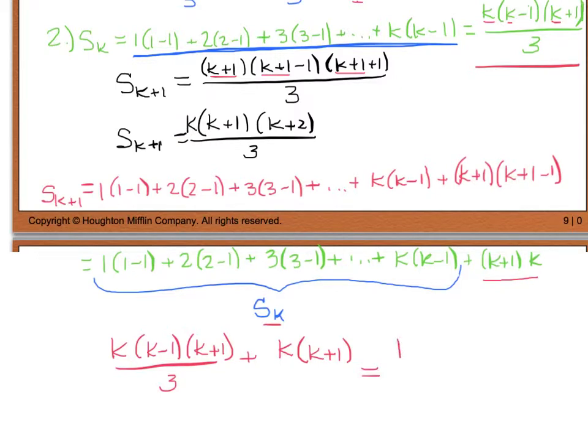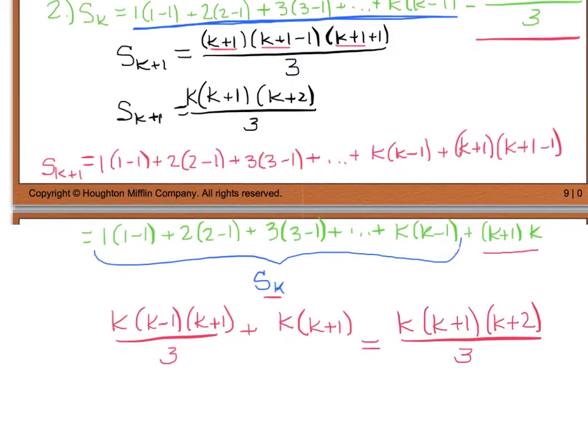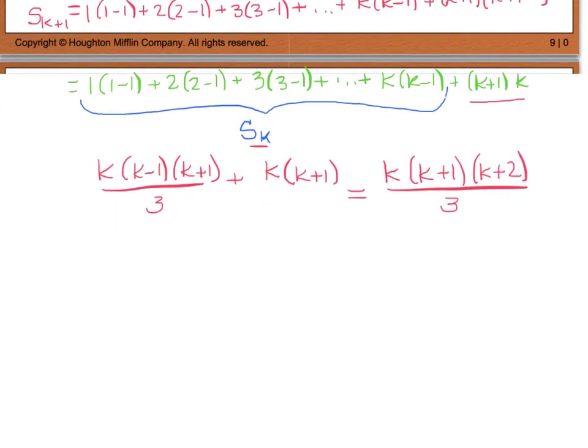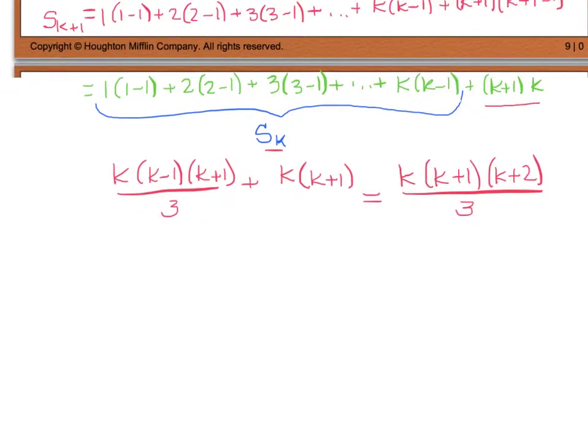I'm going to simplify my left side of the equation, and hopefully everything works out, but it should come out to be the right-hand side if I've done everything correctly. So let's simplify this piece here.